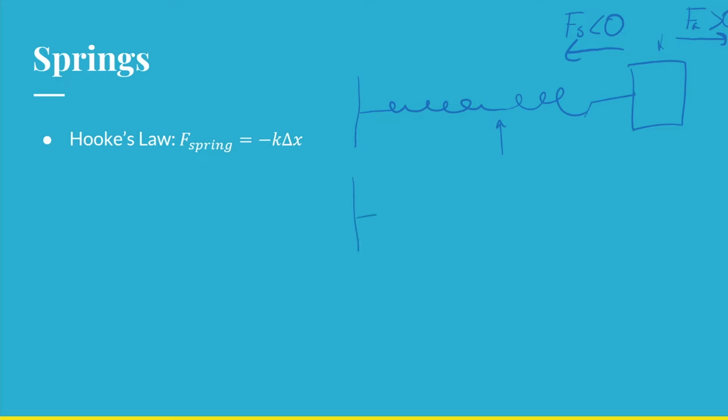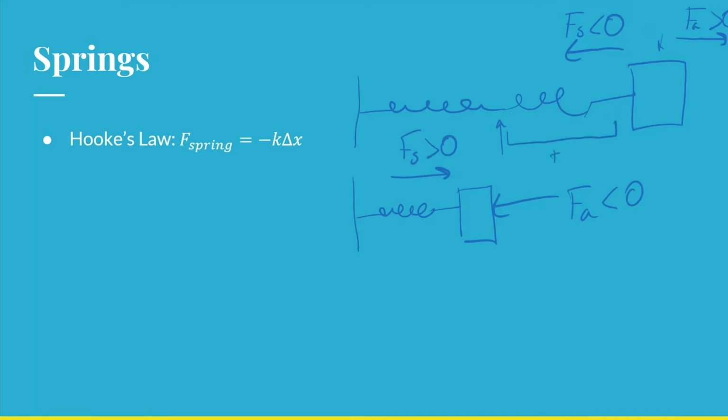Conversely, if I have pushed the spring right here, I have applied some applied force in this direction. I can say, okay, that's to the left, so this will be less than 0. The spring is pushing back, so it's pushing in this direction, so the spring force should be greater than 0. It should be positive. And that can be seen due to the delta x right here.